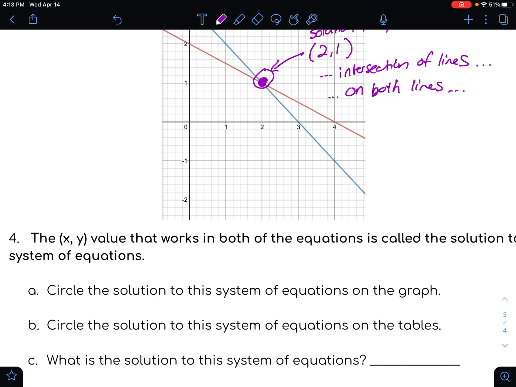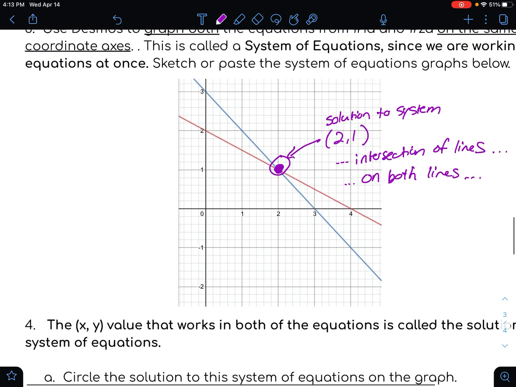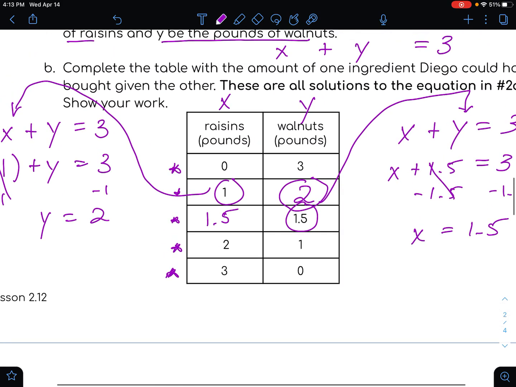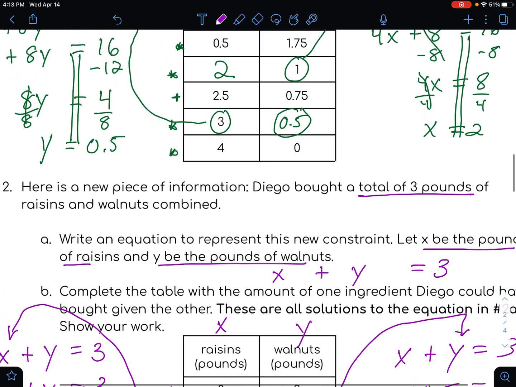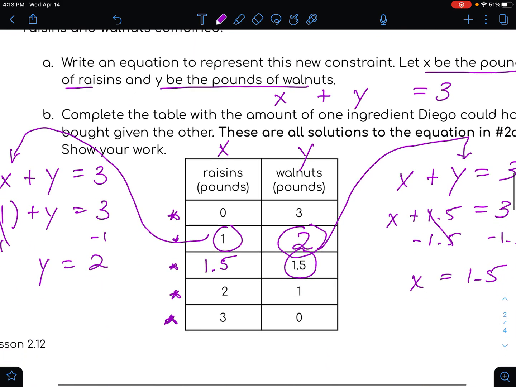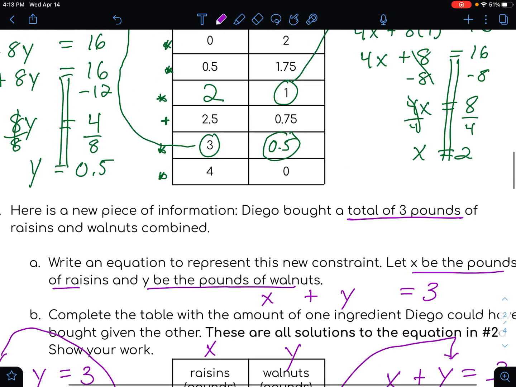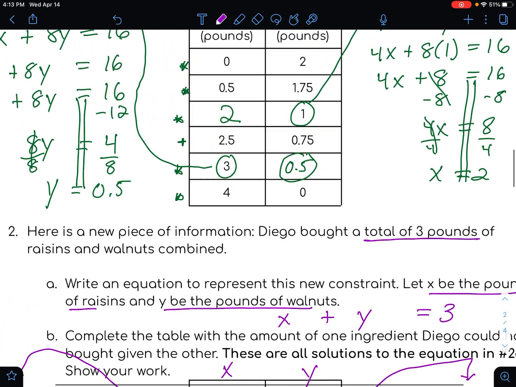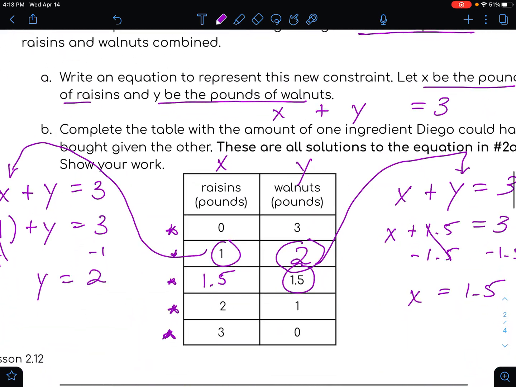Circle the solution to the system of equations on the tables. Well, let's go back to those tables of values that we had earlier. How do we know we have a solution to the system? Like we said, a solution is a pair of values that works in an equation. And a solution to a system of equations is a pair of xy values that works in both of the equations. So if we look at these 2 tables carefully, can you see the xy pair that works in both?